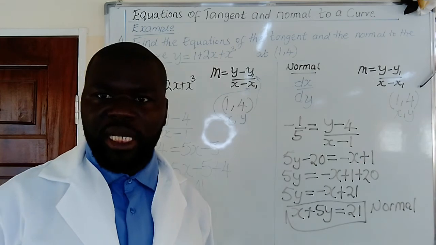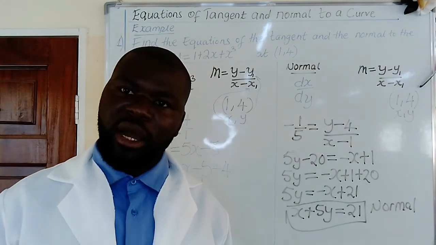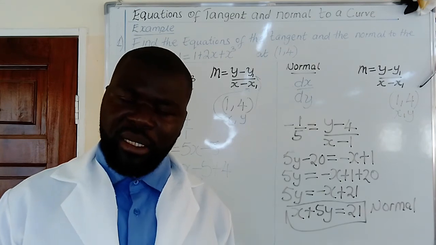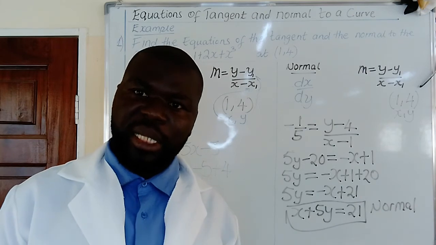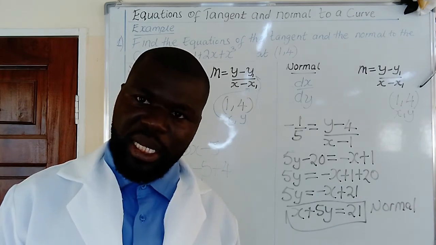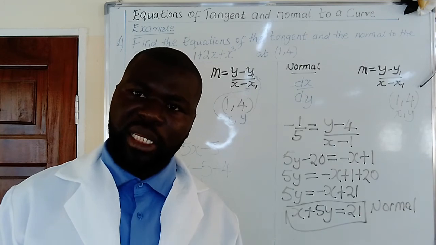We differentiate the given function so that we have dy dx. Now dy dx represents the gradient formula for the tangent. So once we get dy dx, that will be the gradient formula for the tangent.